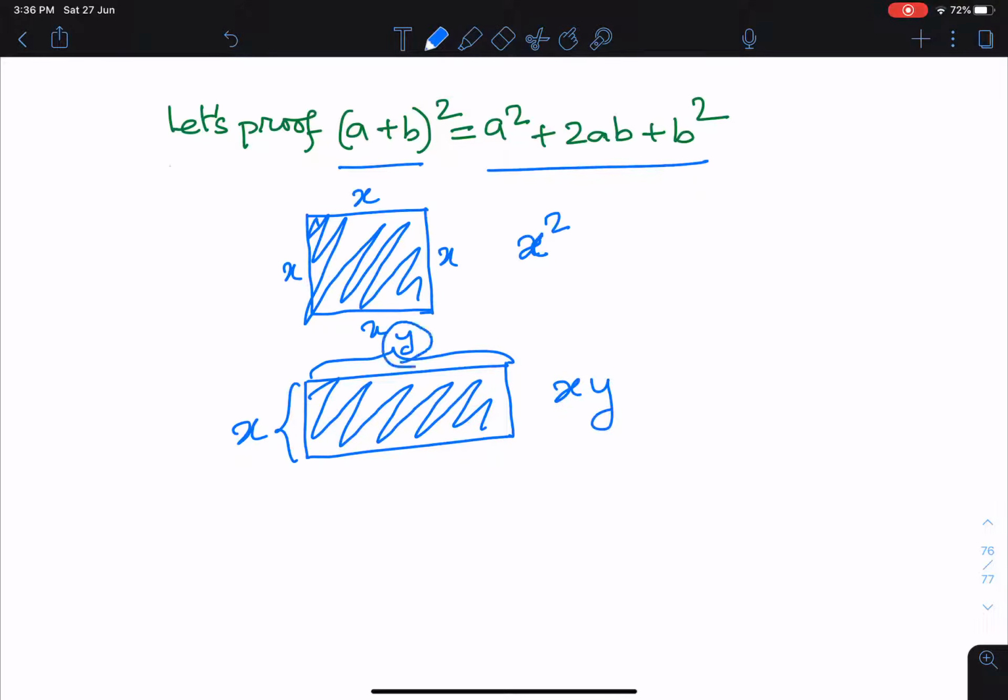Good. Now what will be the total length of this together? It will be a plus b. Now if I want to draw one square with one side of length a plus b, how will it look? It will look like this.